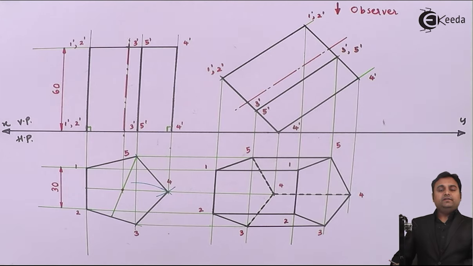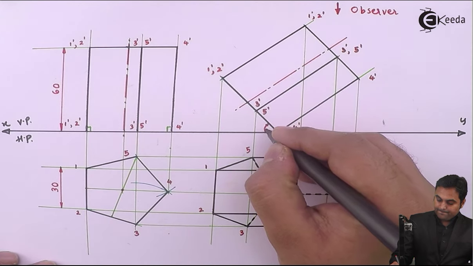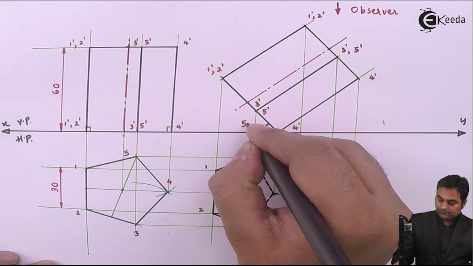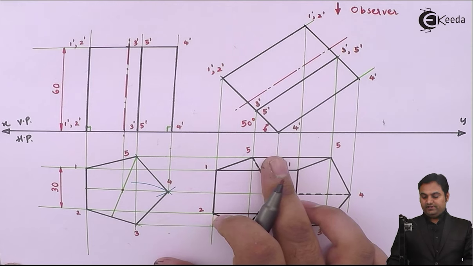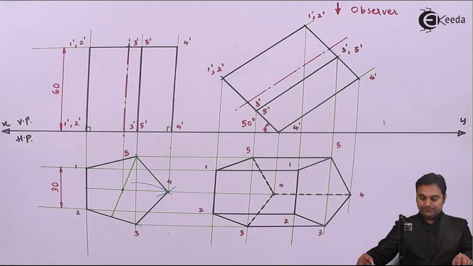The base is inclined at an angle of 50 degrees with the HP as given. So if the base is making an angle of 50 degrees, the axis will be making an angle of 40 degrees.